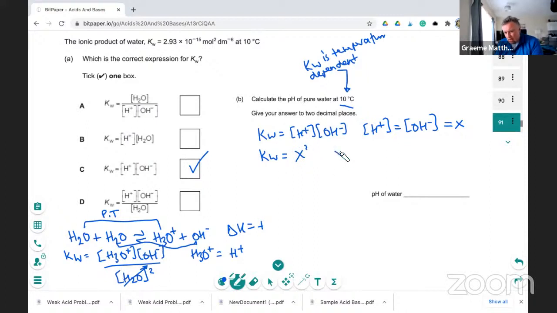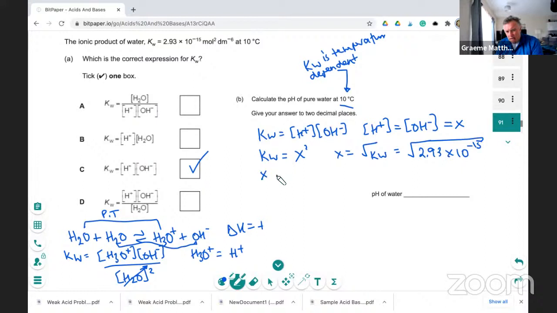And so X is going to be the square root of Kw, which is the square root of, what was that? Hold on. Got my contacts in this week, Cam, just got to bear with. 2.93 times 10 to the minus 15. All right, ding.